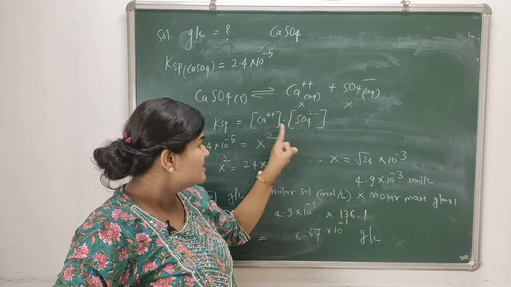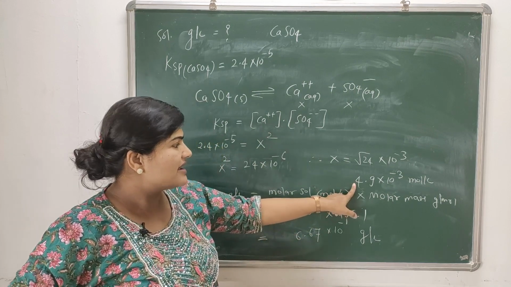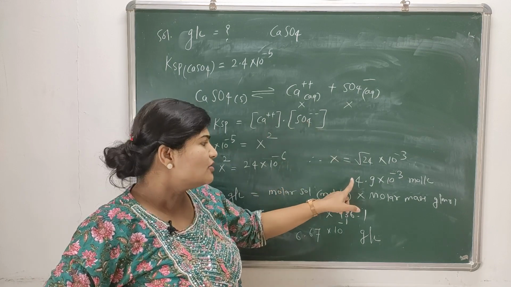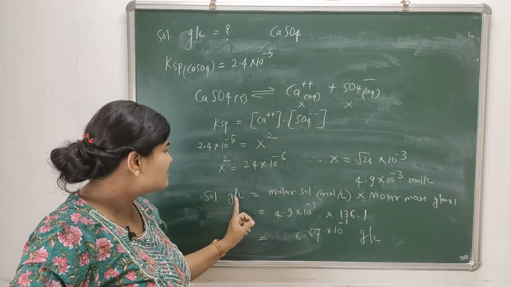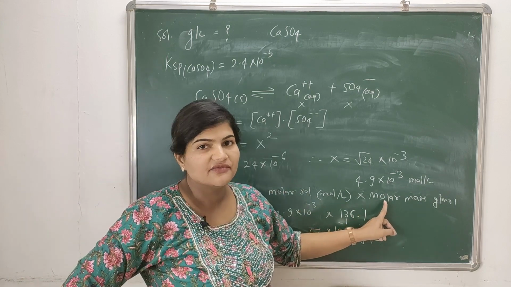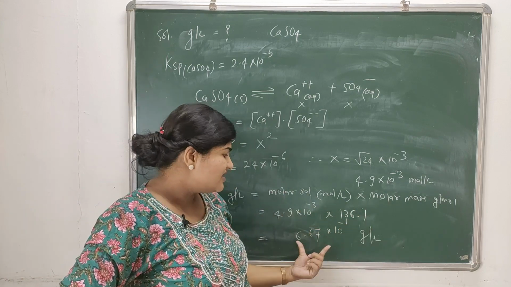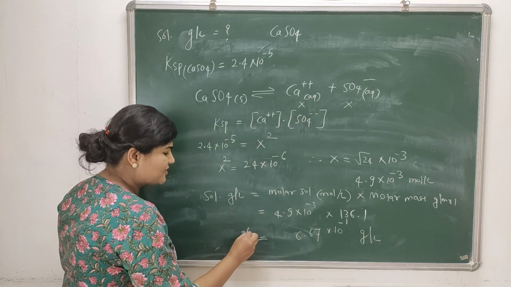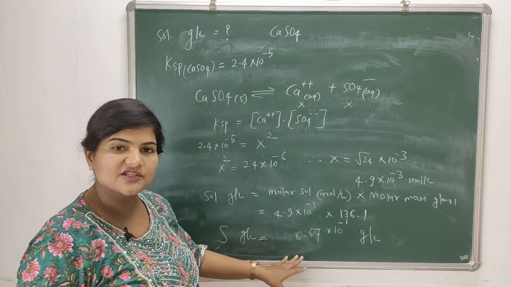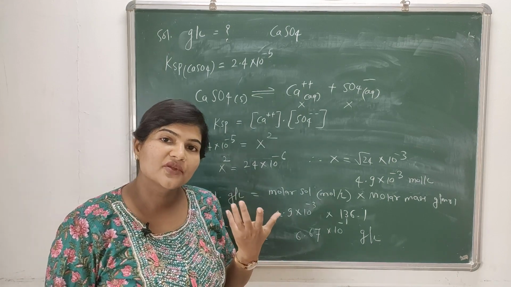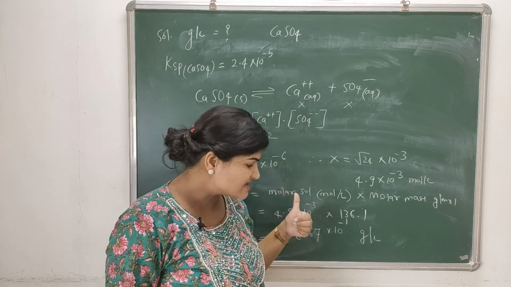It means these many ions of calcium and these many ions of sulfate have been formed. Now this molar solubility we can easily convert to gram per liter solubility by multiplying it with the molar mass of the salt, and we will get the answer. So this is our solubility in gram per liter, 6.67 into 10 raised to minus 1. So this is how we are going to solve the problems if asked this way.